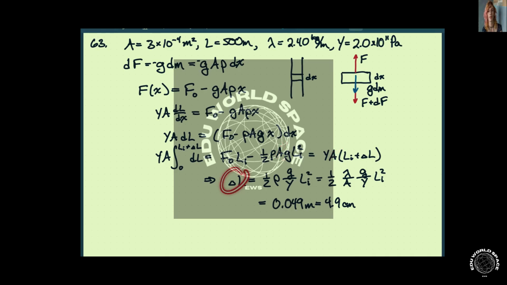Then we have delta L equals 1/2 times the density per unit volume times g divided by the Young's modulus times the length squared. And if we change this to the density per unit length, the linear density, then this is just lambda over A. So we wind up with the A back in here. Then we can plug in values, and we get about 5 centimeters, or 4.9 centimeters for the change in length. So that's quite a bit, but again, it's a very long cable.